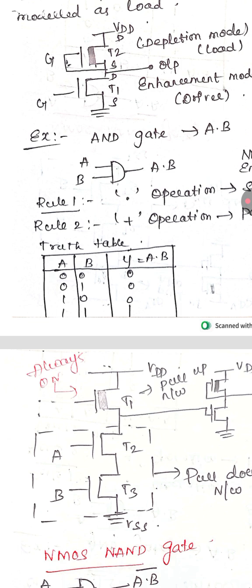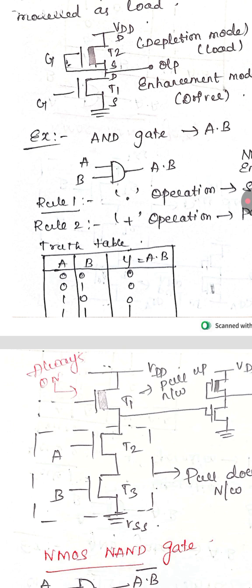In the upper part, we always consider only one depletion transistor. It is always fed back to the drain region. The depletion transistor is connected between VDD and output, and the enhancement transistor is connected between VSS and output.